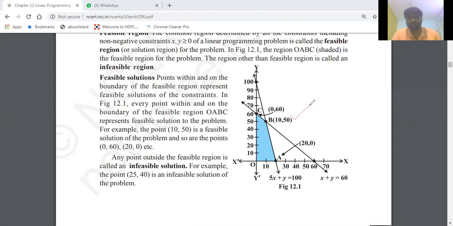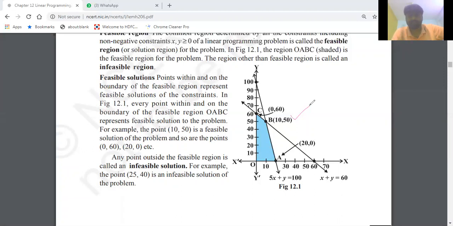What was the problem? What did you get? You tell me first. A furniture dealer is going to purchase some number of tables, some number of chairs. He has only 50,000 rupees to spend, and he has only space for 60 items. He cannot purchase more than 60 items.